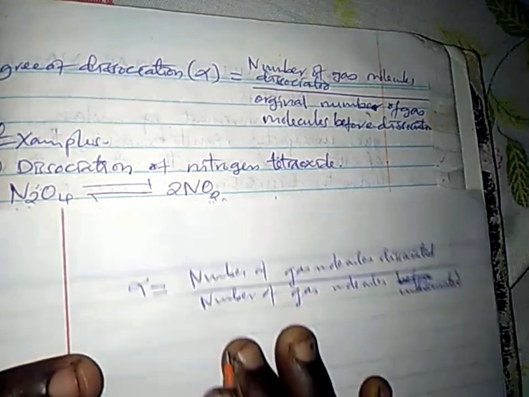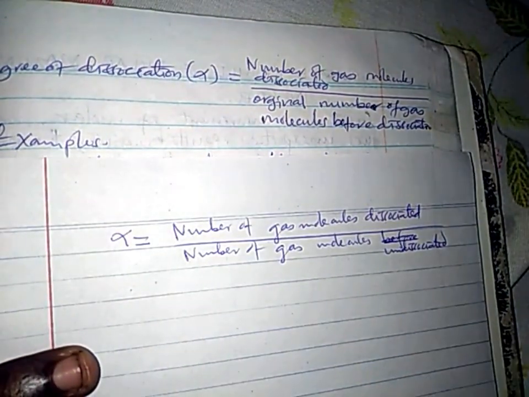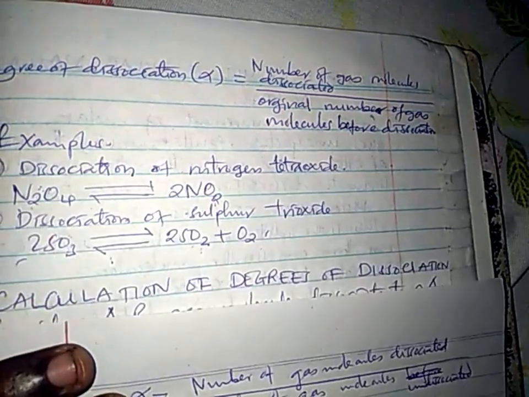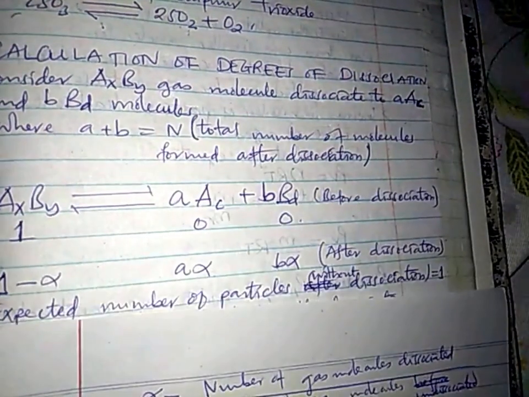So number of gas molecules dissociated divided by number of gas molecules undissociated, I will get the degree of dissociation.